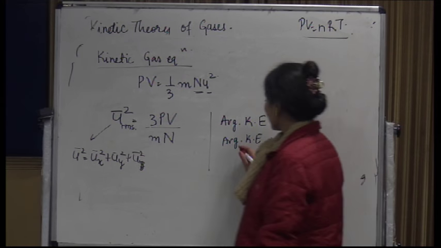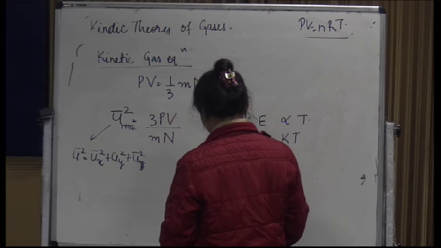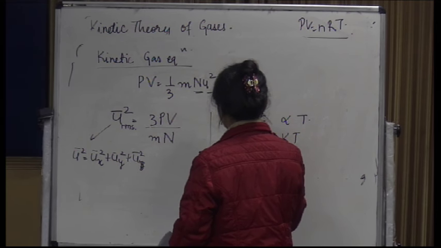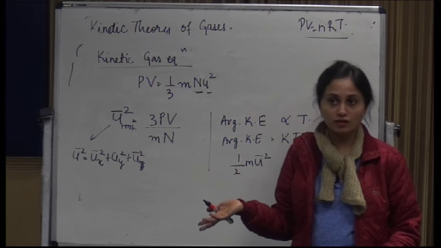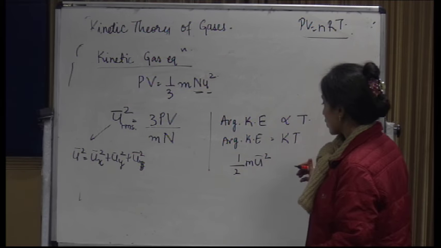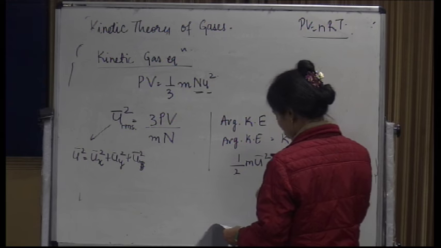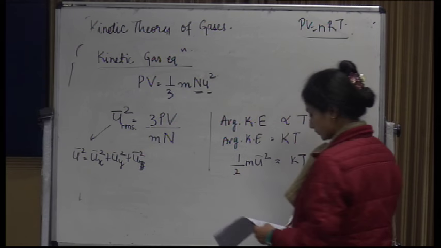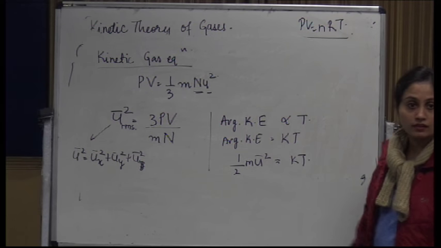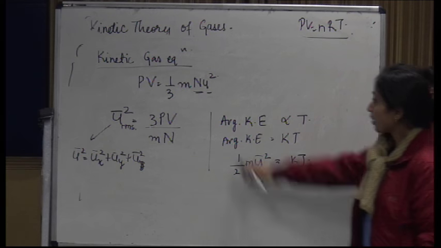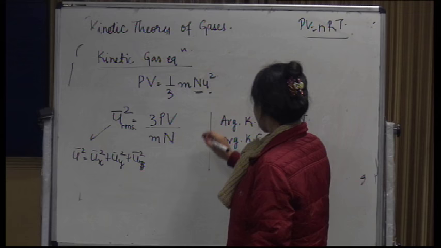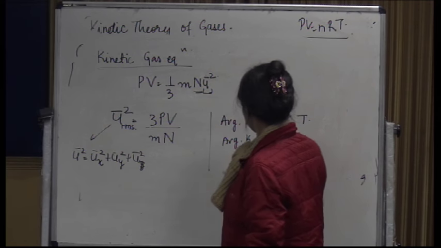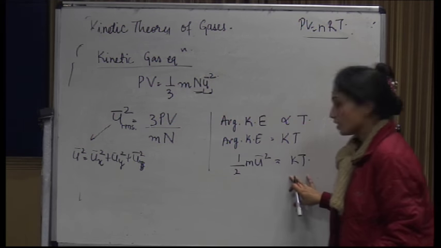And what is your average kinetic energy? Generally it is half m into u squared, where I am taking the root mean square speed to be u bar. So half m u bar square will be equal to kT. Now this is your 1 by 3 mn u square. So if I substitute u bar square here, what will I get?